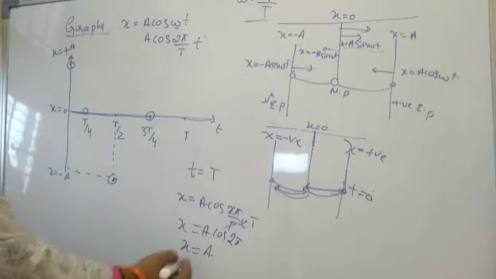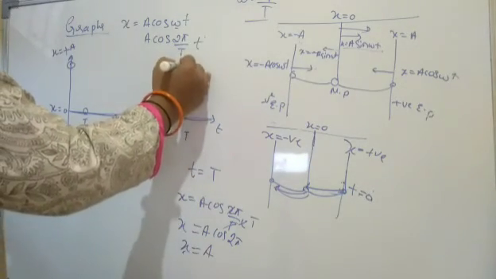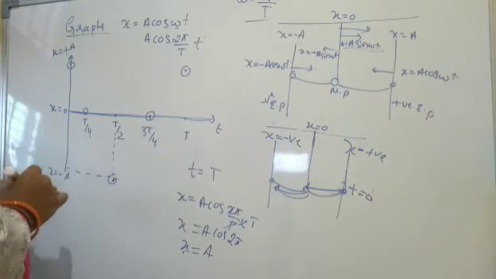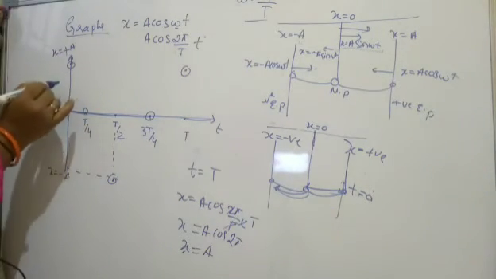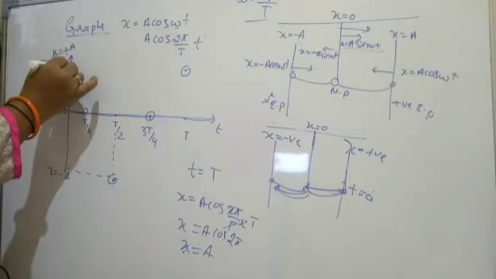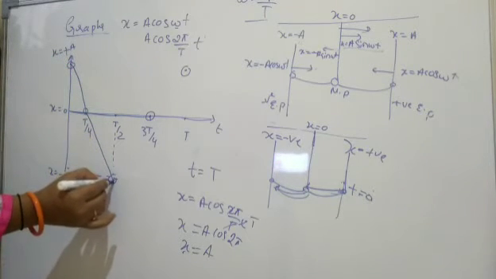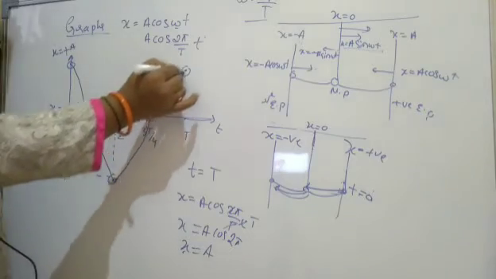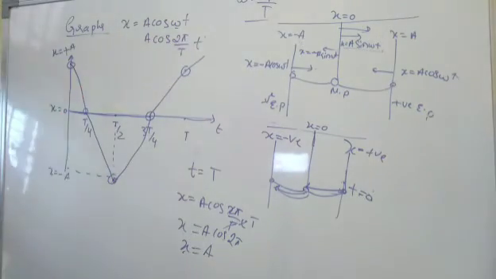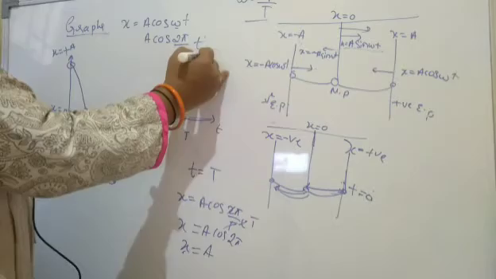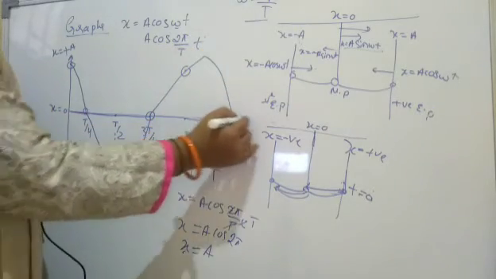That means x is equal to a. That comes up here. So look at the graph. The graph is moving up, then it is coming down, like this, and it is coming again next here.